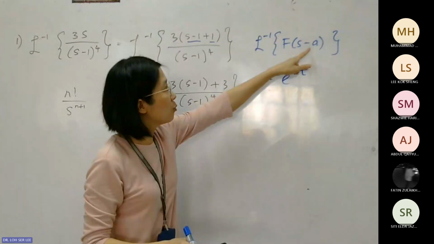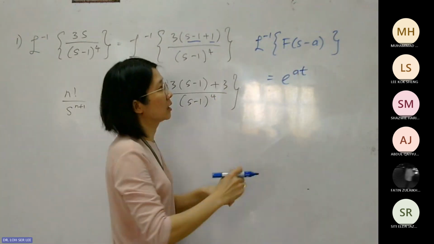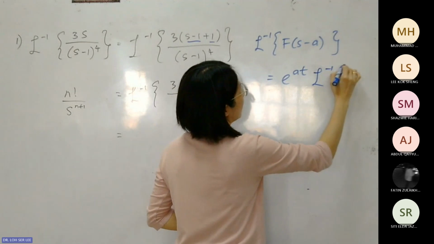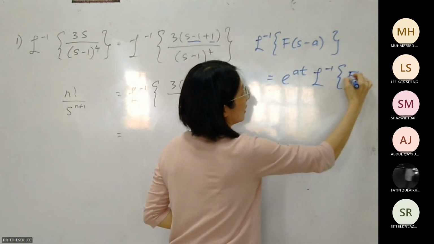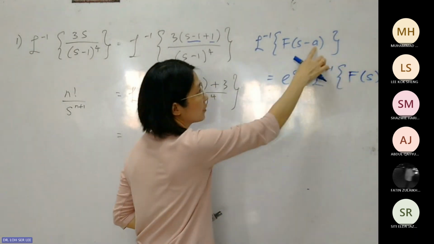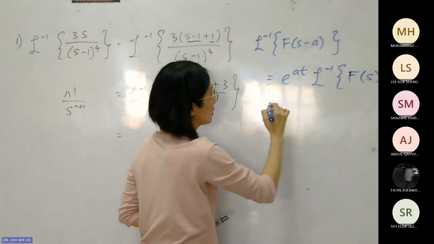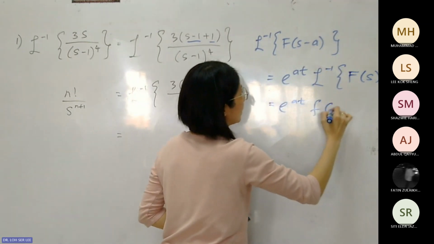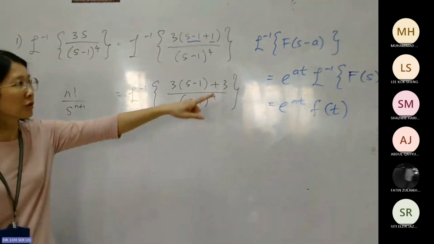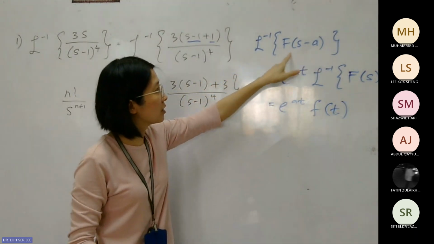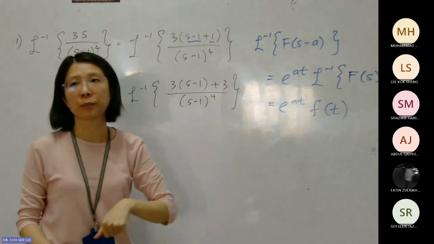Because once you take out the a, you have e to the power of a t. And then what is left? You have F(s) only, right? After you take out the a, you have F(s). So inverse Laplace of F(s) is actually f(t). So this is the formula. Inverse Laplace of this function equals e to the power of a t times f(t).